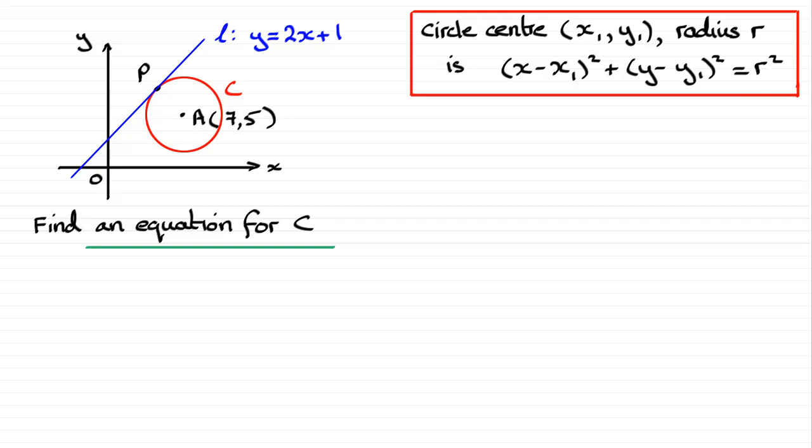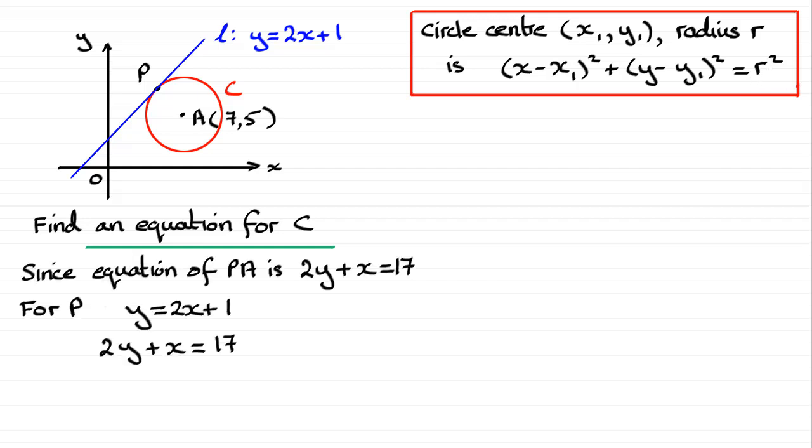So if we look at what we already know, the equation of PA from the first part was 2y plus x equals 17. Then for this coordinate point P here, we just have our two equations, y equals 2x plus 1, which I'll call equation 1, and 2y plus x equals 17, which I'll call equation 2.